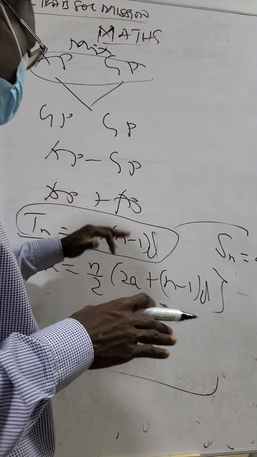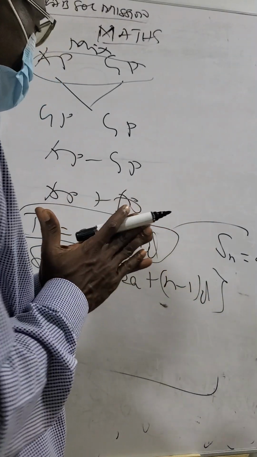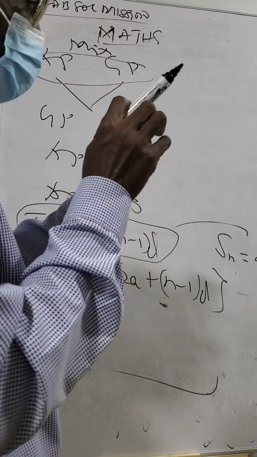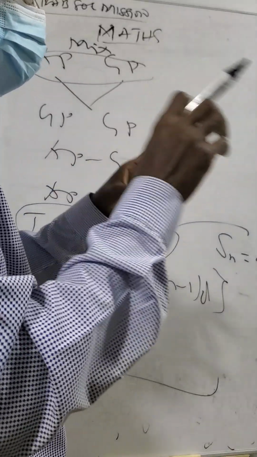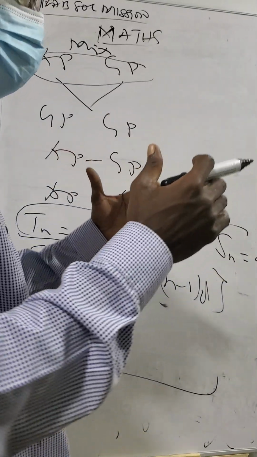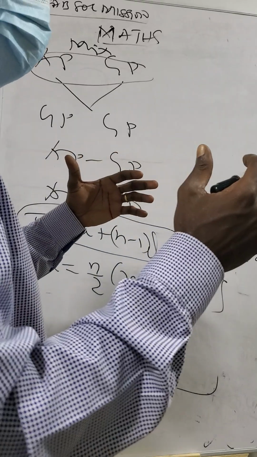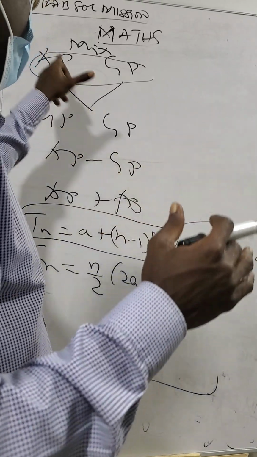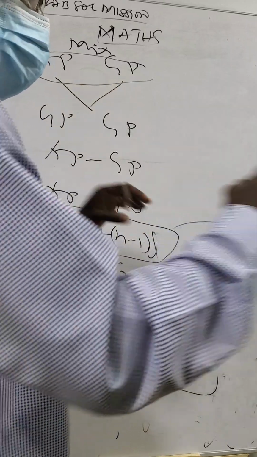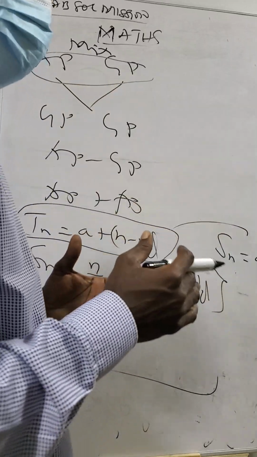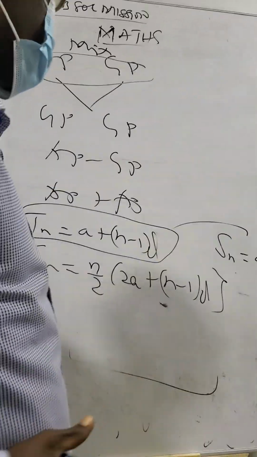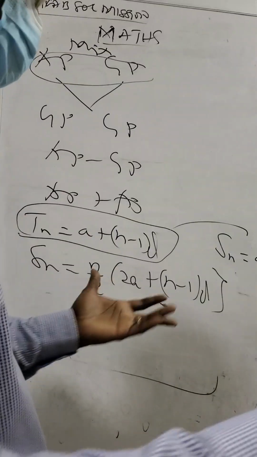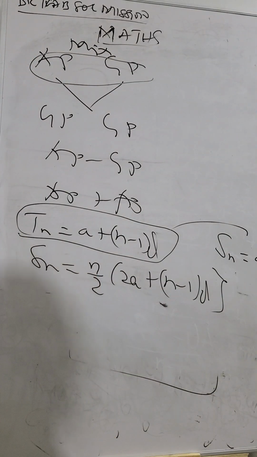So just get the formulas well in your mind, and then read the question well, substitute, think about the question. If it is series, use series. If it is progression or sequence, use the sequence formula. If there is a mix, then you look at the two formulas being manipulated here and there. If the series, you know, is summation. If the sequence, individual numbers, then that is the principle.